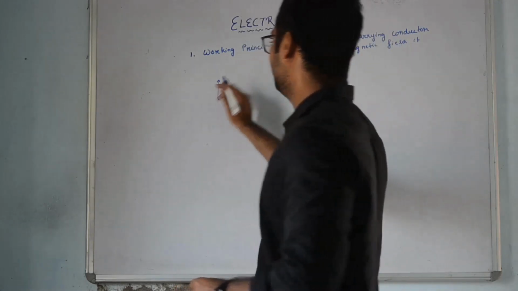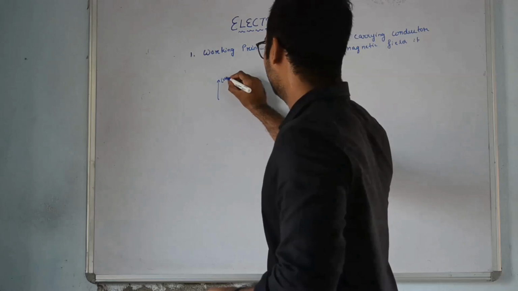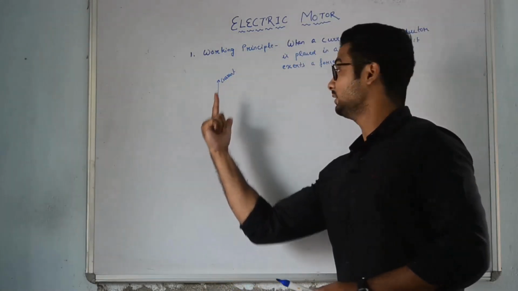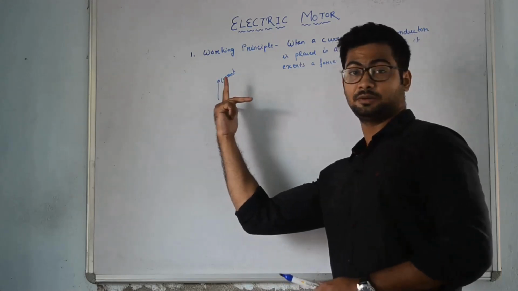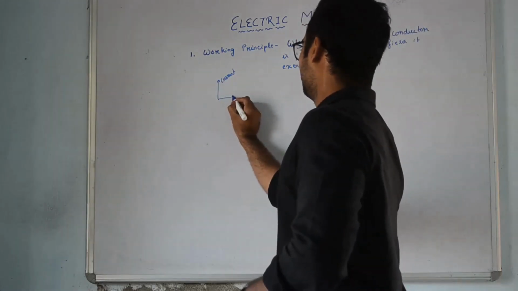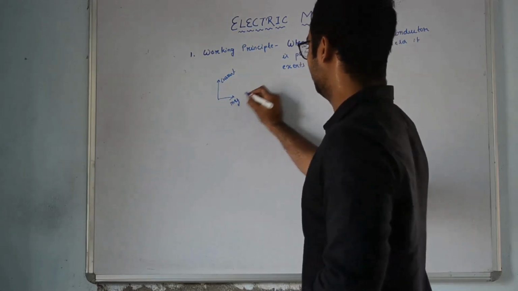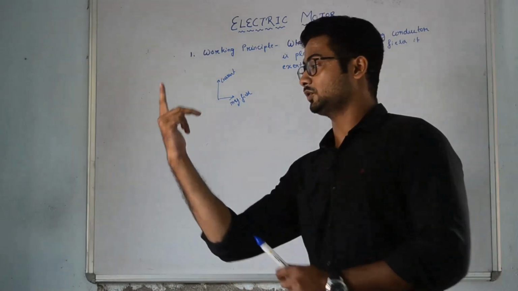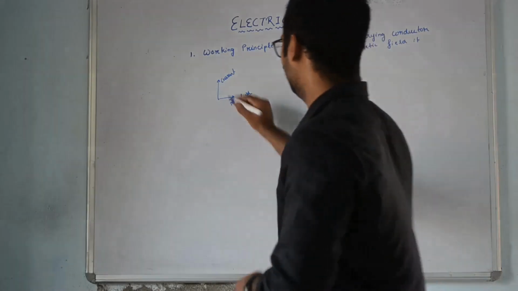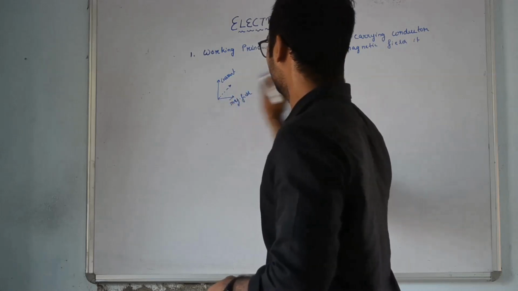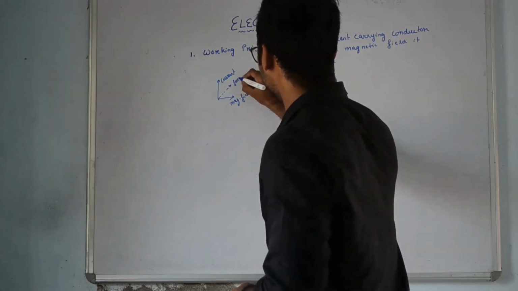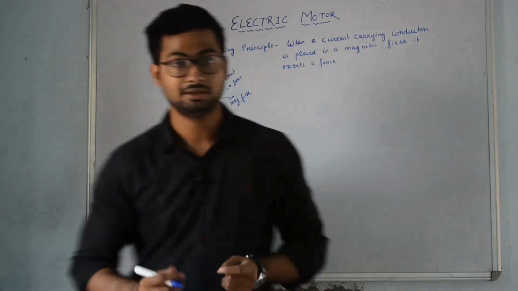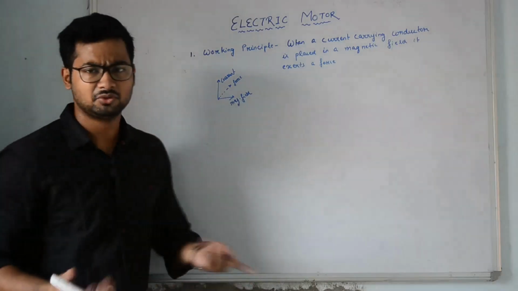If the direction of current is in this direction, means the index finger is in this direction, and the direction of magnetic field is perpendicular to it, then the direction of force will be into the plane, in this direction. So these three things are mutually perpendicular to each other.